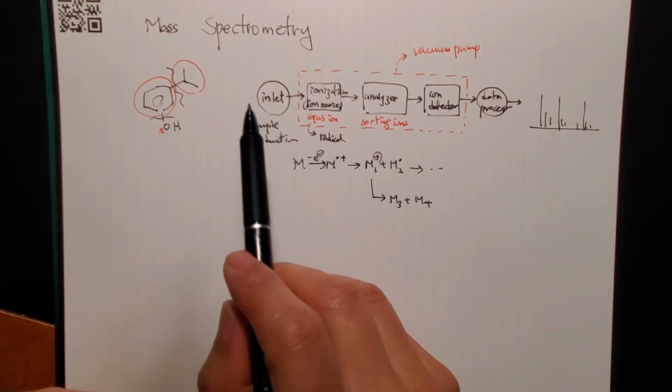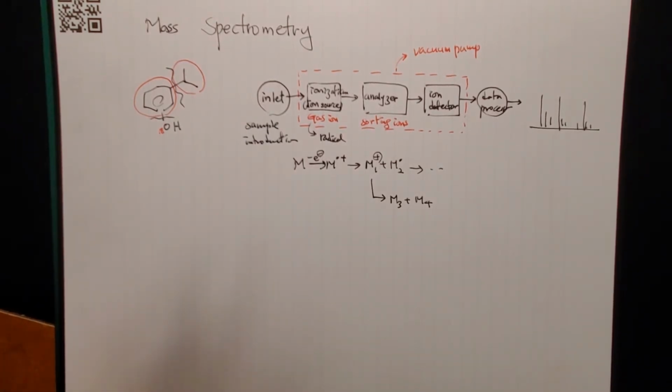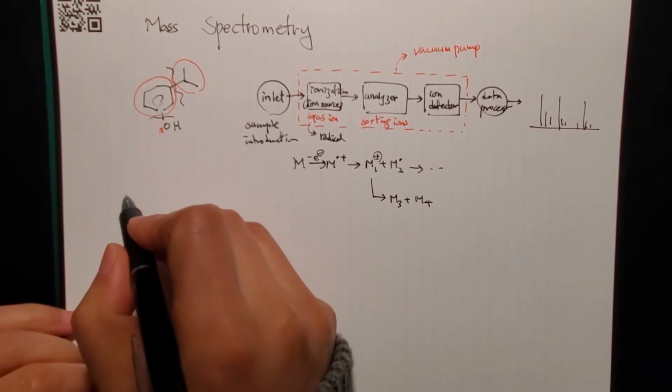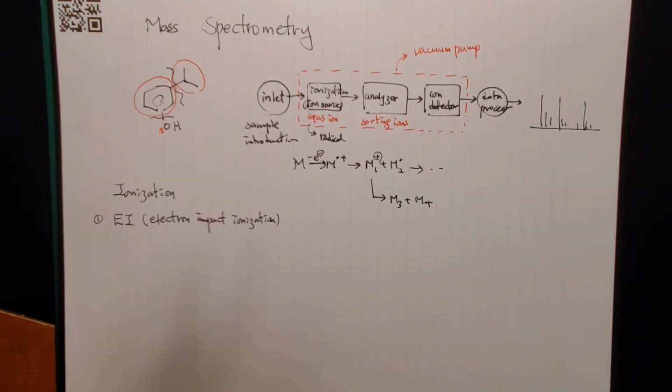So once you have a sample prepared, you can ionize it in the gas form in various ways. One of the first ionization methods is EI, electron impact ionization. This is one of the first protocols. We shoot electrons at the sample and knock out an electron, and then we ionize the sample.